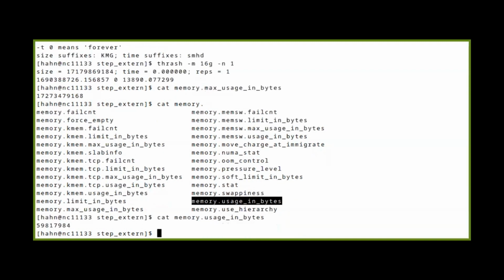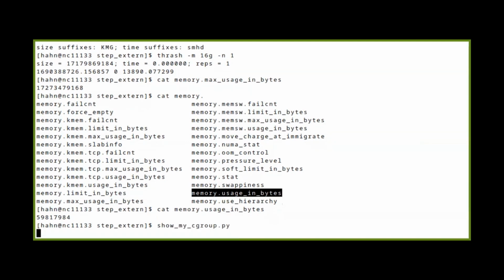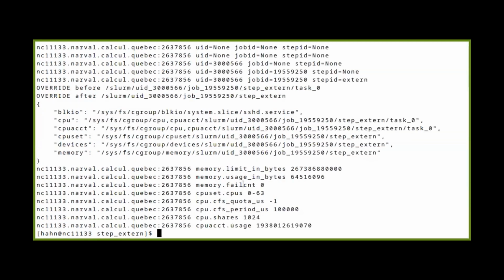So this cgroup is using roughly 59 megabytes, which is about what you'd expect from a shell session. Not sure there's very much more to say about cgroups, except that there's a huge amount of information available.